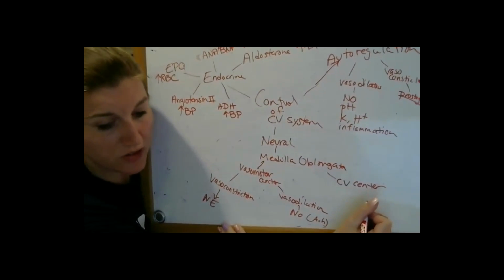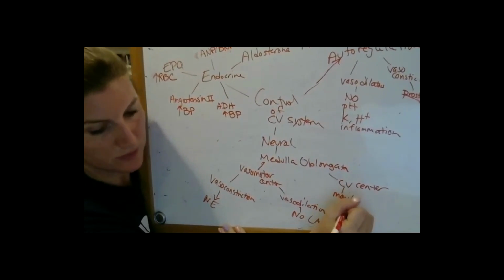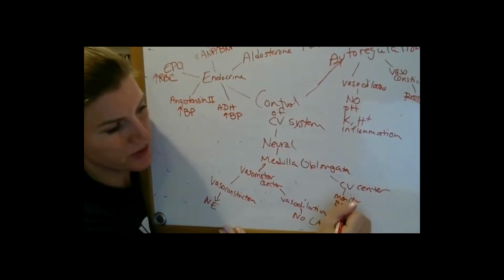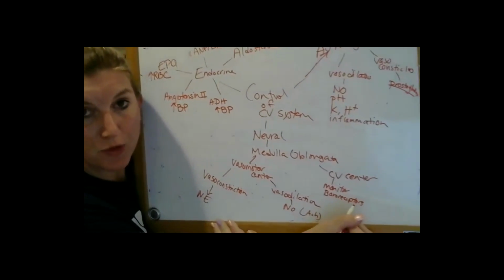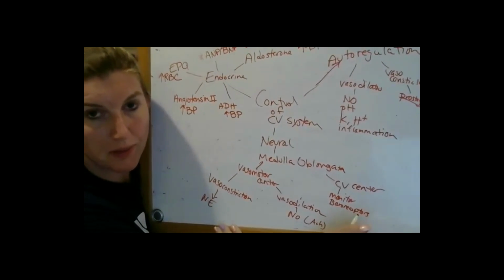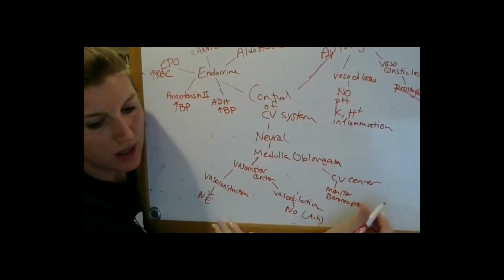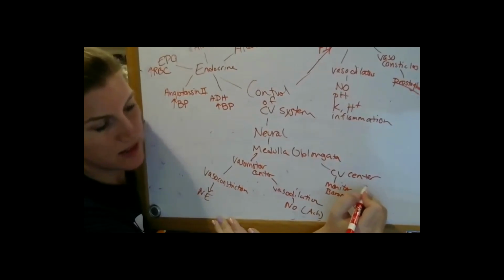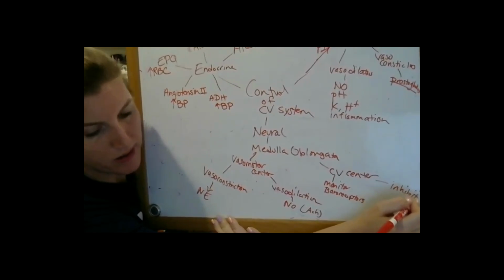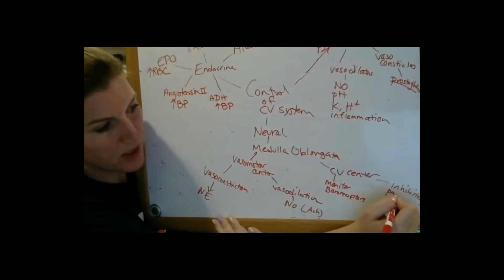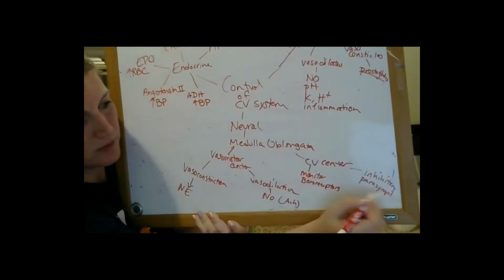In our cardiovascular center, we are going to monitor baroreceptors. So it's getting feedback from those baroreceptors at the aortic bodies, at the carotid bodies, and at the right atrium. And this has the inhibitory through the parasympathetic. I'm just abbreviating because I'm running out of room.